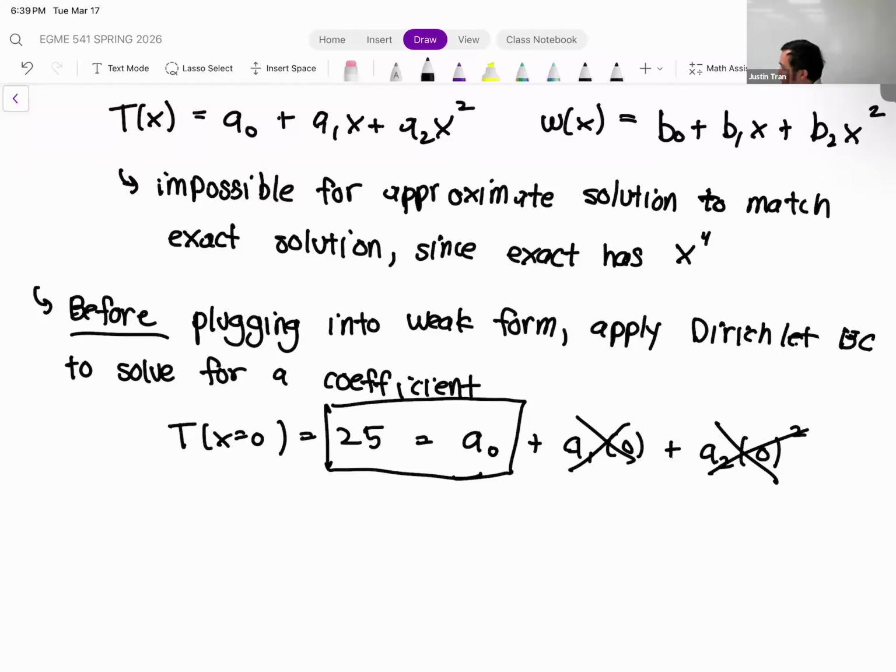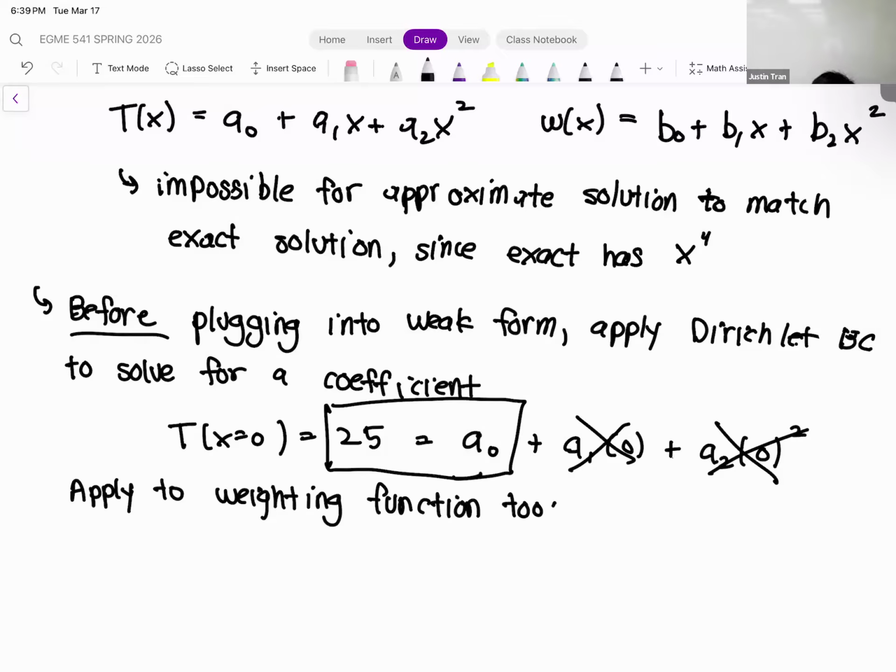We're going to do the same thing for our weighting function. Remember, the requirement for the weighting function is that it has to disappear at the location of the Dirichlet boundary condition. So for the weighting function w of x, we're going to plug in x equals 0. But instead of setting it equal to 25, remember that our weighting function has to disappear at the Dirichlet boundary.